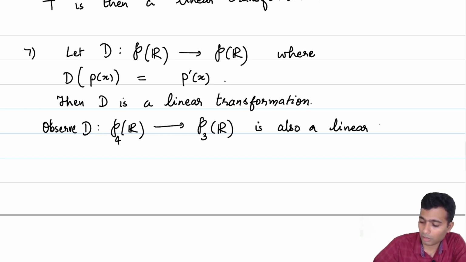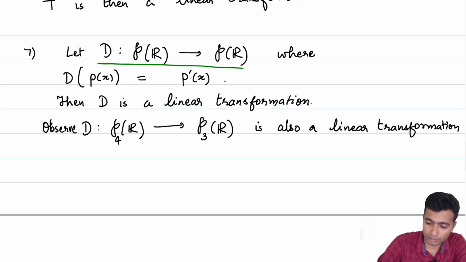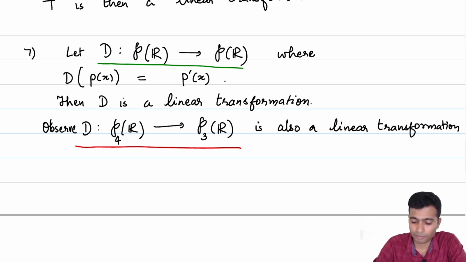I would at this point make the distinction that the example which I am underlining in green is technically different from the example which I have underlined in red, because the vector space for the linear transformation underlined in green is P of R, and its range is also P of R. That is not the case for the one underlined in red. It is a linear transformation from P4 of R to P3 of R.